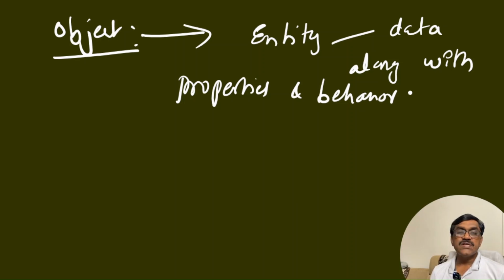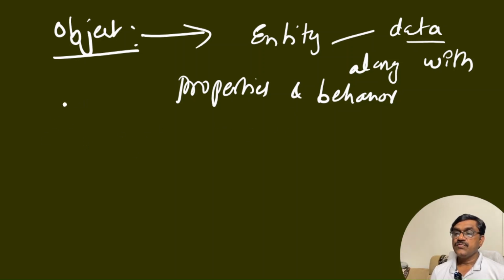We can say that Python is object oriented. At the time of the introduction, I said that it is multi-paradigm. That means it supports object-oriented features also. That's why we are using the concept of objects. An object represents an entity which consists of data along with properties and behavior.